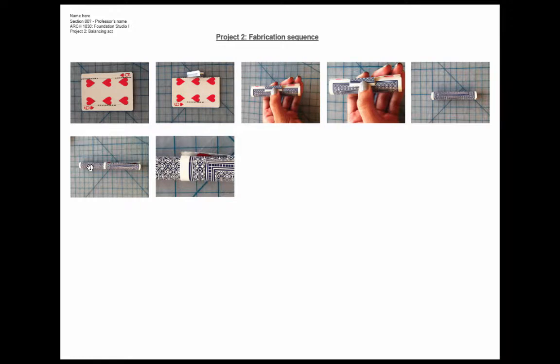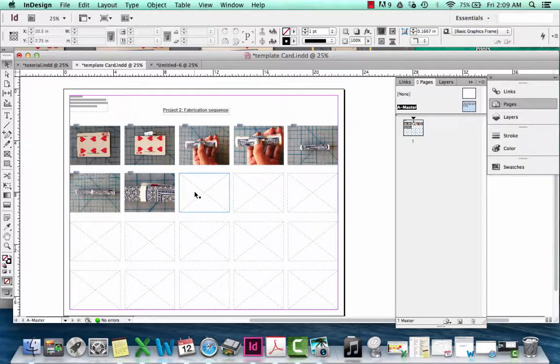And from this sequence, you can understand the fabrication of the roll from the card. You can add as many steps as you want in order to explain your design.